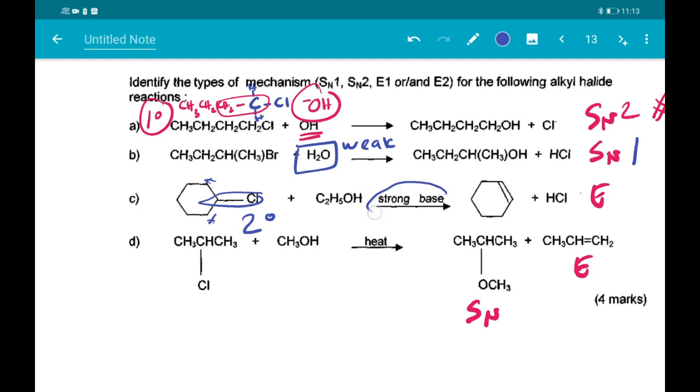In this case, it clearly states that we are using a strong base such as potassium hydroxide or sodium hydroxide. Because we already know it's an elimination based on the formation of the double bond, we're going to assume that this is E2, clearly from the use of the strong base for the reaction.